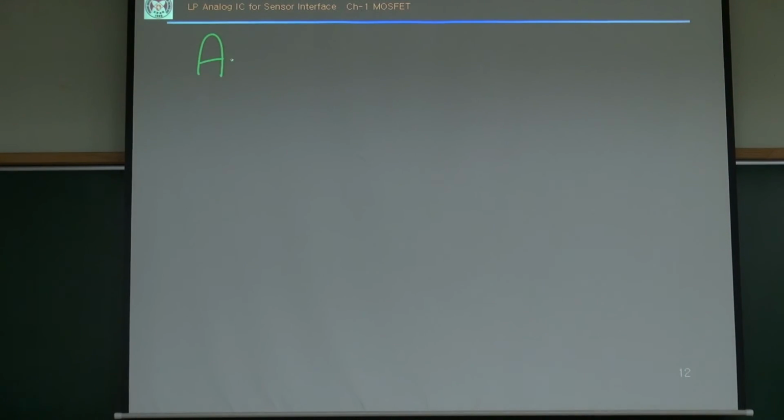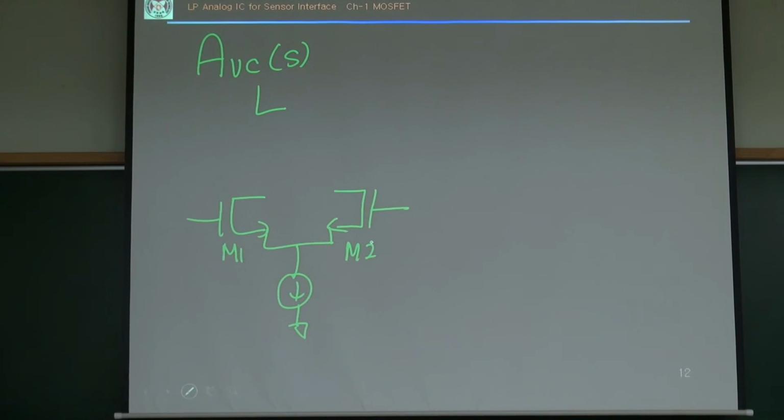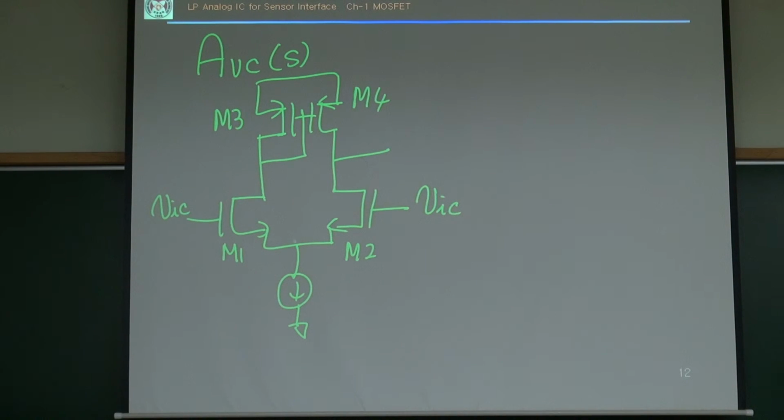Okay, how about the common mode gain? For the common mode frequency response, the common mode gain is something like that. This is M1, M2, and then M3, M4, something like that. Okay. For the common mode input, see, this has a pretty large resistance.